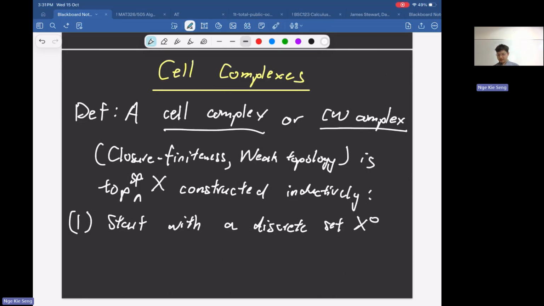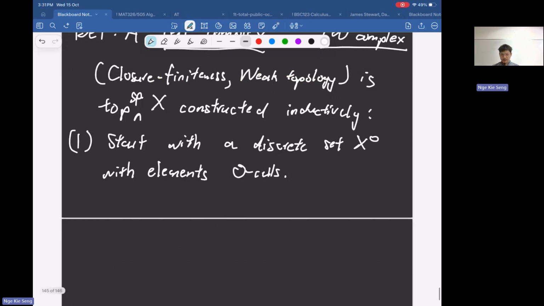These are what we call the zero cells. Then inductively, we will define what is called the n skeleton.